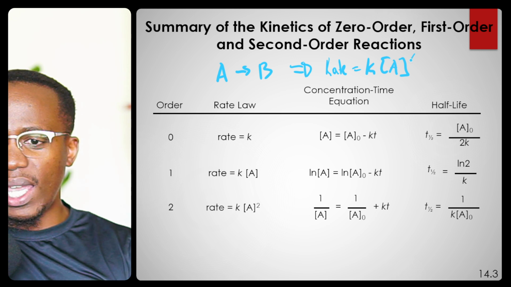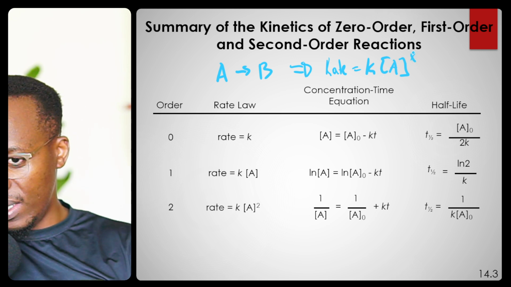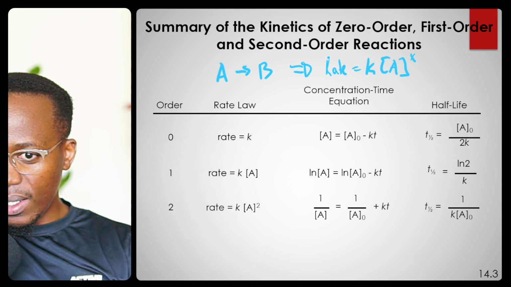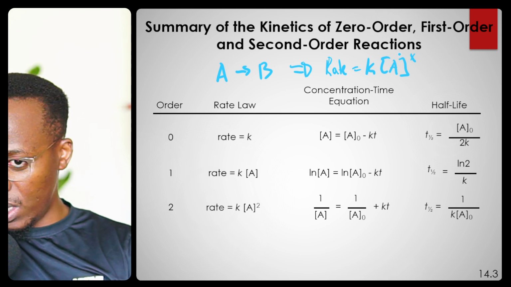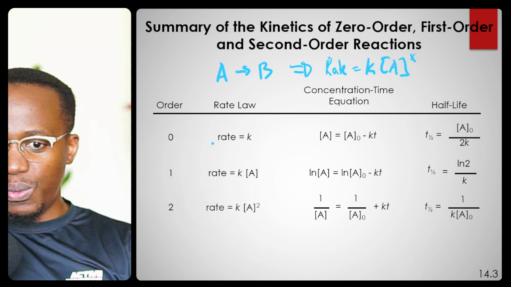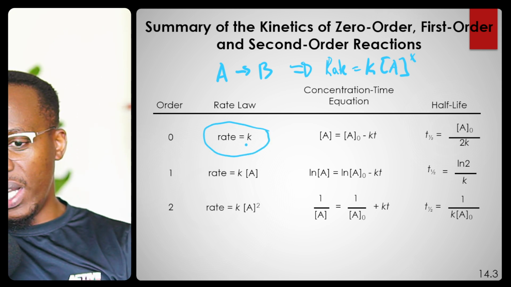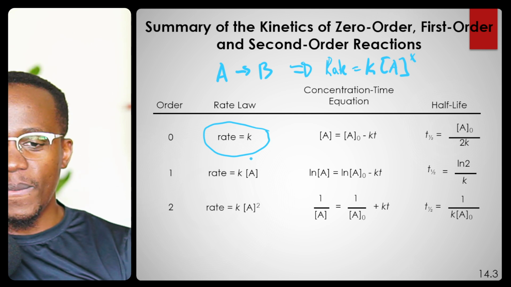To the x, which is the order, right? So guess what? If your x is 0, if it's zero order, the rate is going to be equal to k times A to the 0, which is 1. So in a zero order reaction, the rate law is the rate is equal to k.